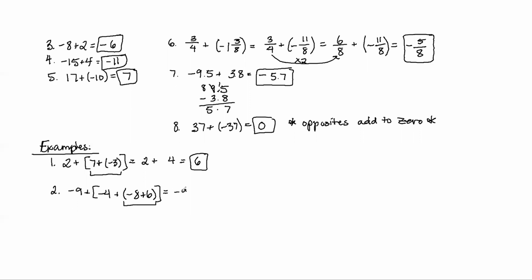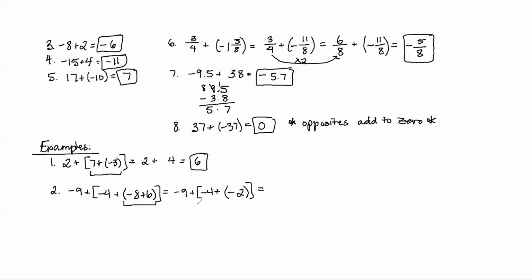I'll bring over the negative 9 plus bracket negative 4 plus, I'm going to keep the parentheses for now. Negative 8 plus 6, they're opposite signs, so keep the sign of the larger number, which is negative. Subtract them and we get 2, end parentheses and brackets. This one is a negative, so we do want to keep those parentheses, just to keep this looking nice.